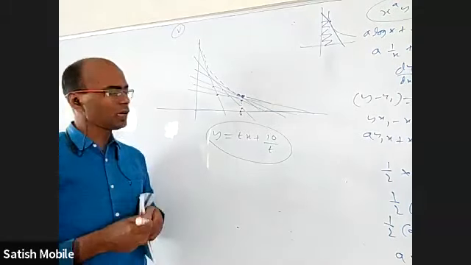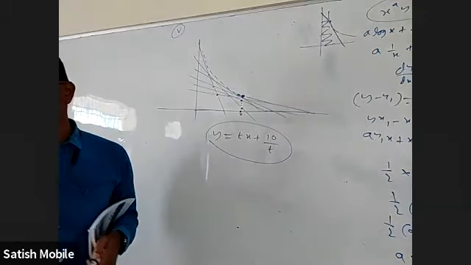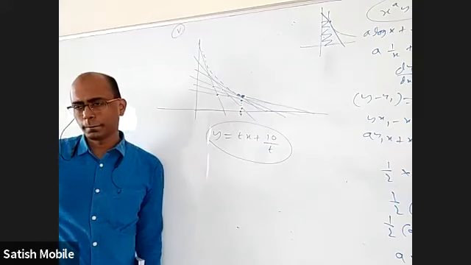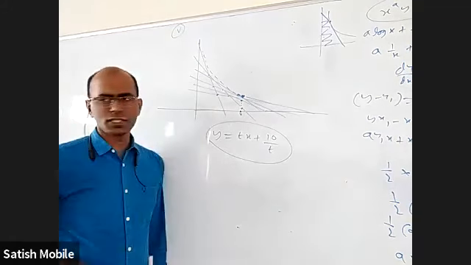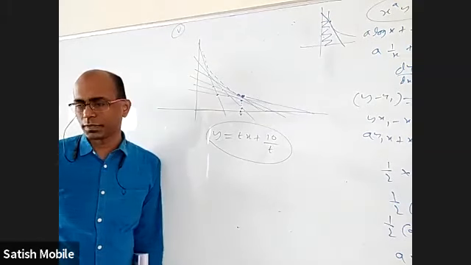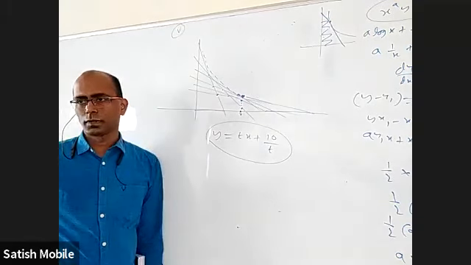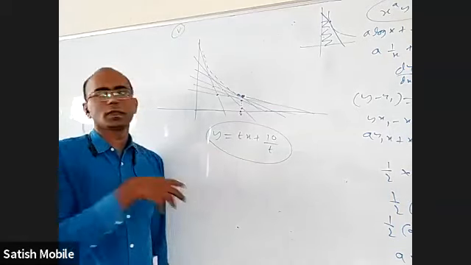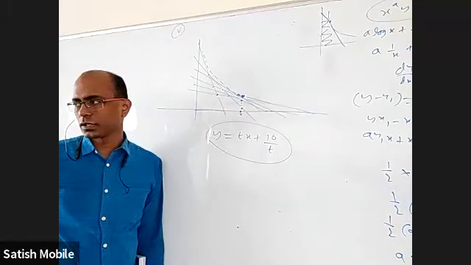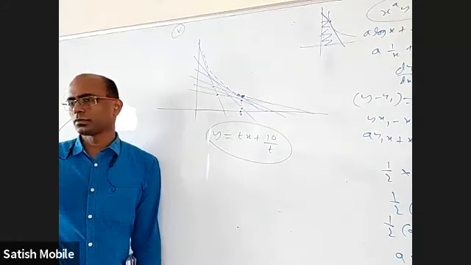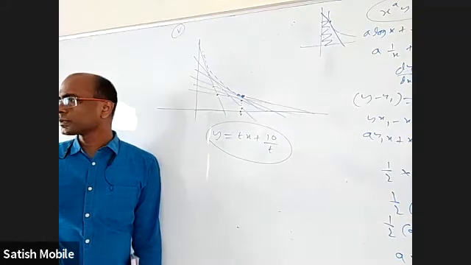They all will touch one curve. Anybody want to tell what is that curve? Forget about the methods I discussed. From one of your previous chapters. As you change t, it is a family of lines, but all the lines will touch one curve. What is that?